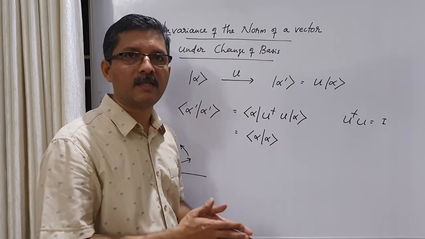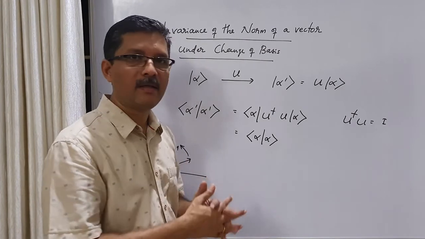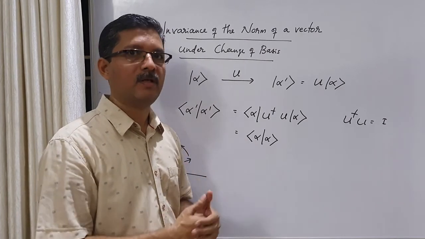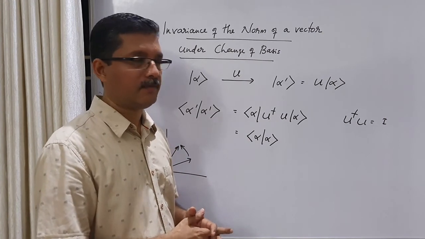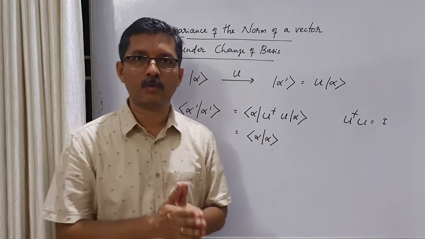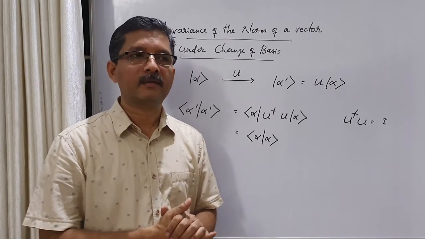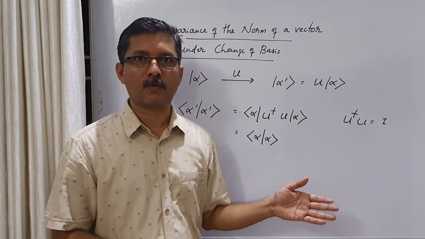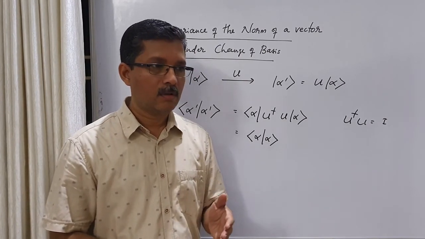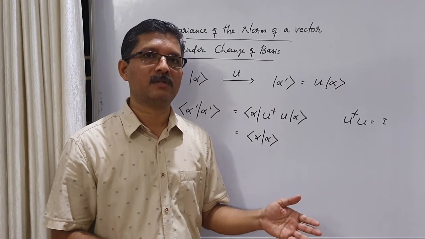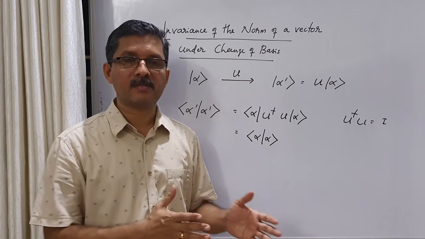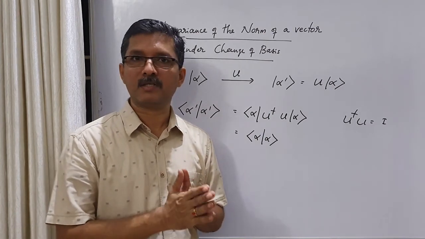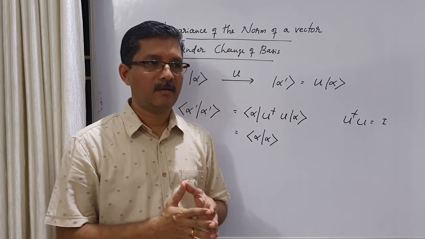In the previous 3 classes, we have discussed many ideas. Some of them are related to each other regarding change of basis. We have seen that change of basis is a unitary transformation, and how a vector transforms under change of basis, how an operator transforms under change of basis. And change of basis, we can visualize it as a rotation in a complex vector space.